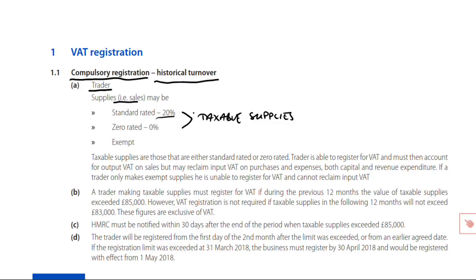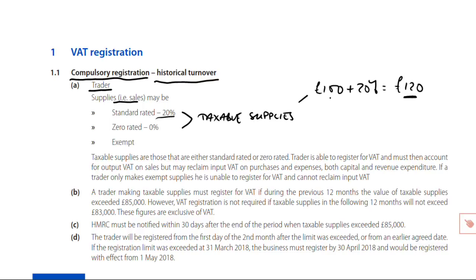So again, very obviously, if here we were about to sell our goods for £100 and we are now VAT registered, then we're going to have to add on 20% and sell the goods for £120 to our customers. Clearly, therefore, making our goods more expensive than they would otherwise have been.